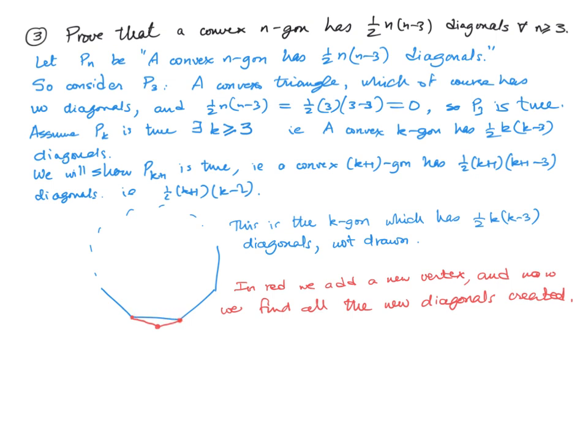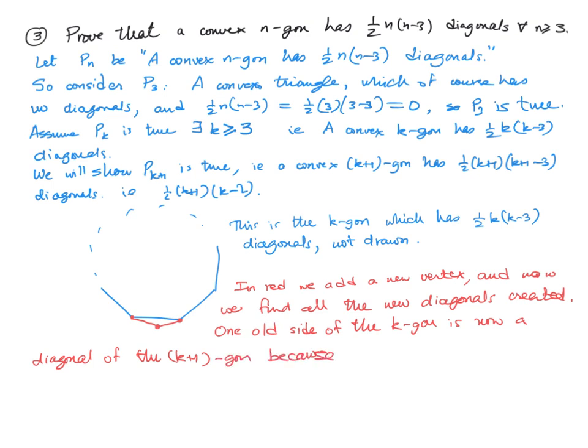So there's one old side of the k-gon that is now a diagonal of the k plus 1 gon, because the new vertex is between them. Okay, so that's one diagonal.